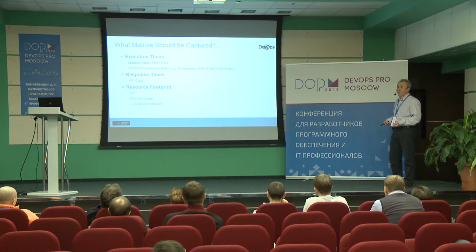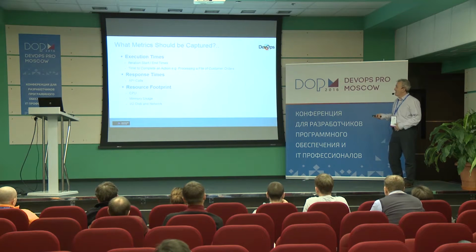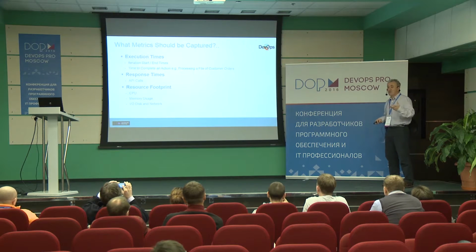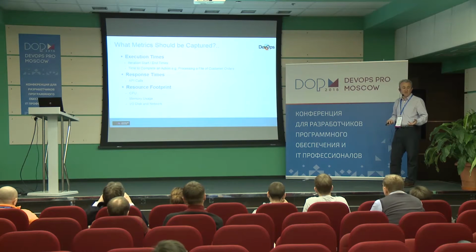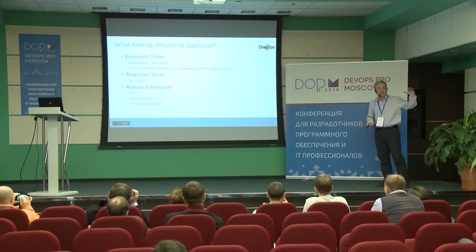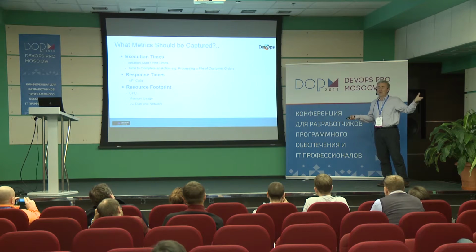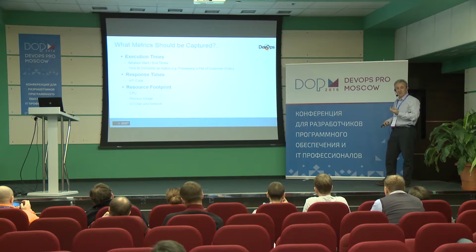And then the other piece, of course, is the resource footprint. So you're still probably loading up a server. Your component will be using some CPU, some memory. It'll be doing a bit of I/O. So why not measure that as well? Because from build 1 to build 20, if our component still works, but goes from using 10% of CPU to 100% of CPU, that's something I'd want to know, because obviously there's been a change.